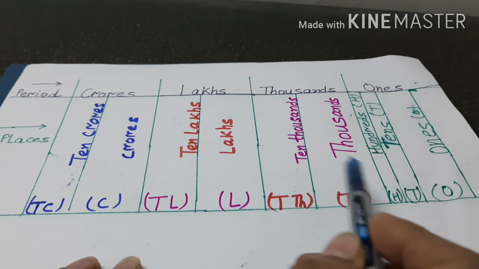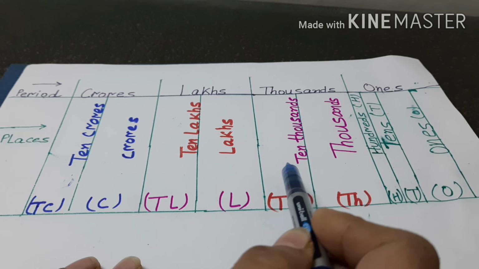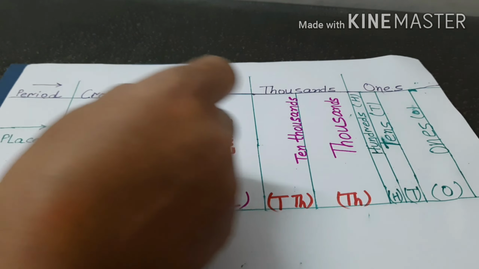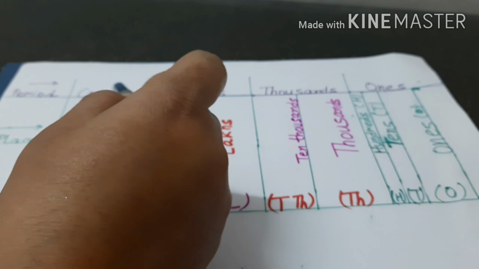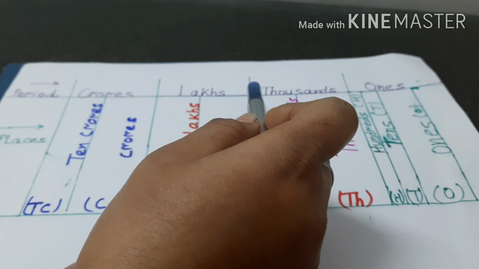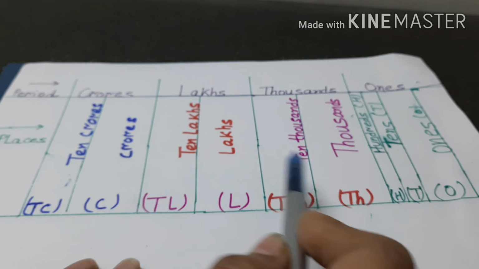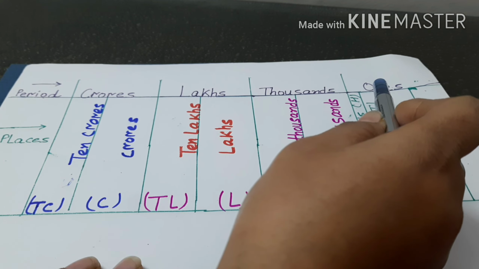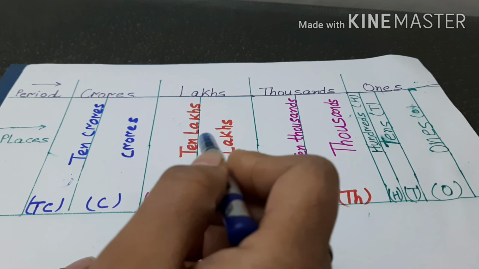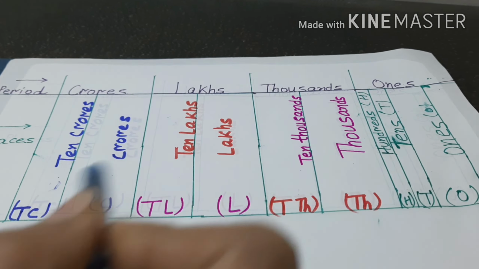These 9 places are grouped into 4 periods: ones period, thousands, lakhs and crore periods. And each period is separated by a comma.